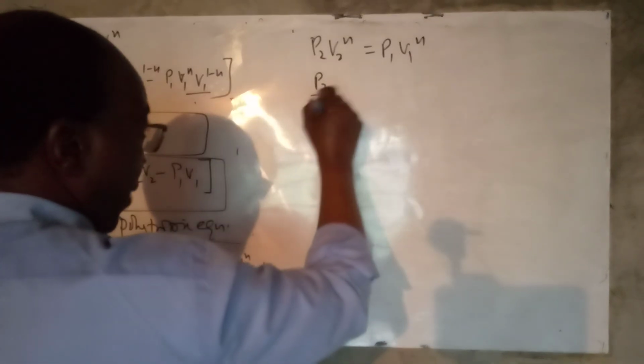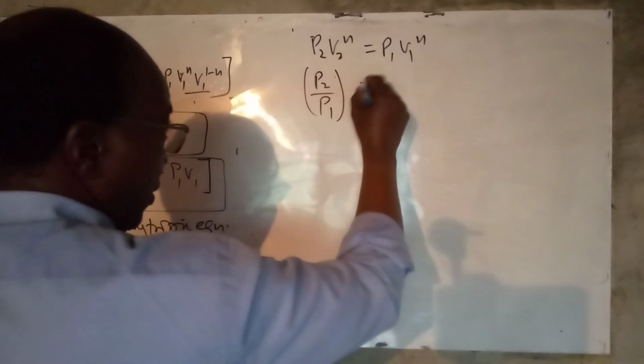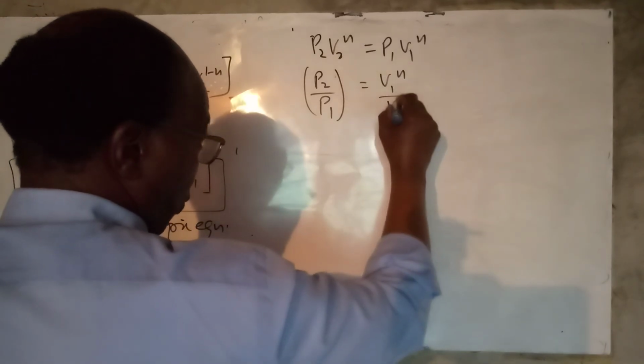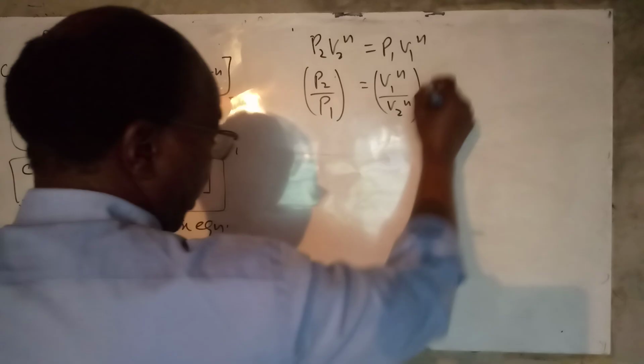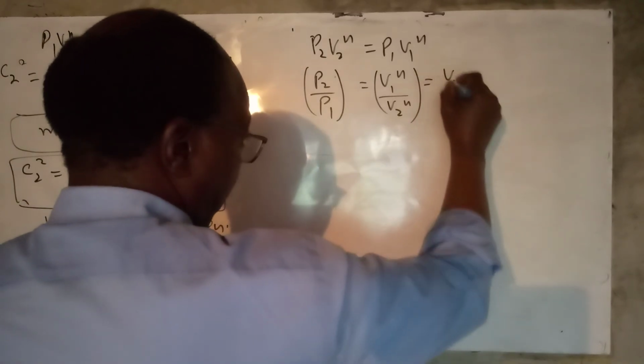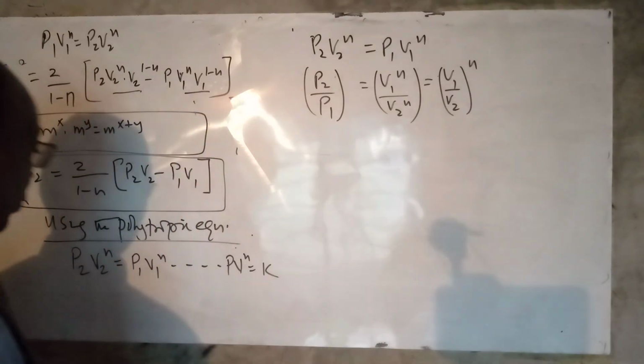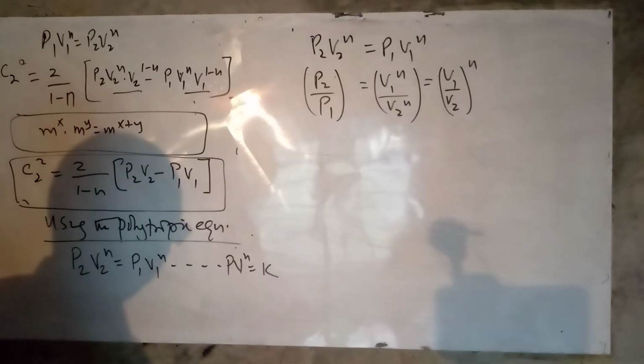So P2 over P1 will be V1^n over V2^n, which we can factor out. So we have V1 over V2 to the power n.